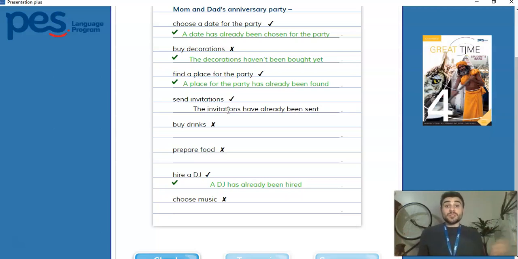So the invitations have already been sent. Buy drinks. Drinks haven't been bought yet. No period. Prepare food. The food hasn't been prepared yet.